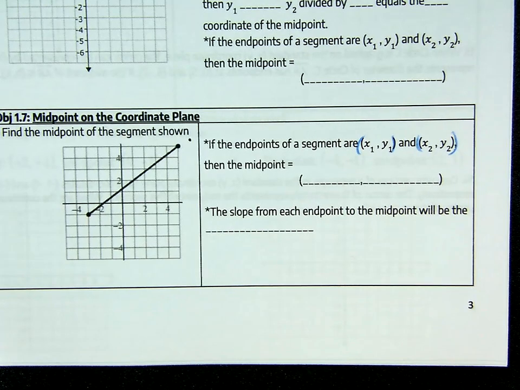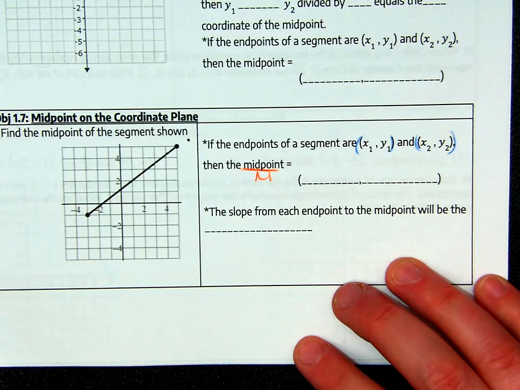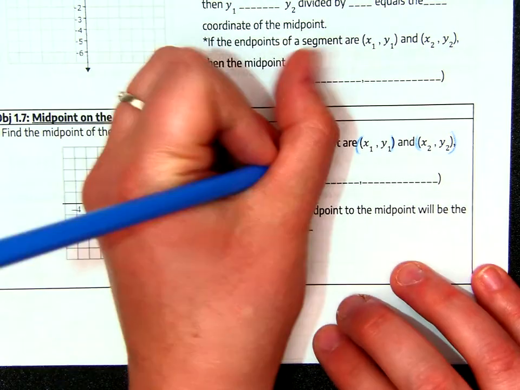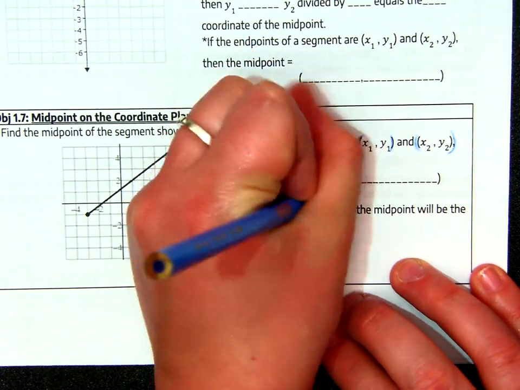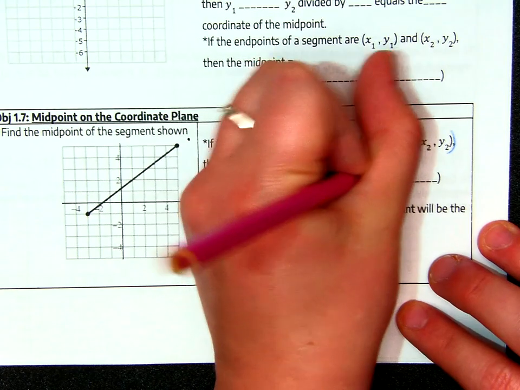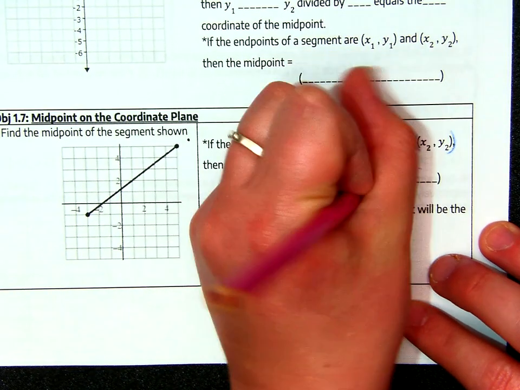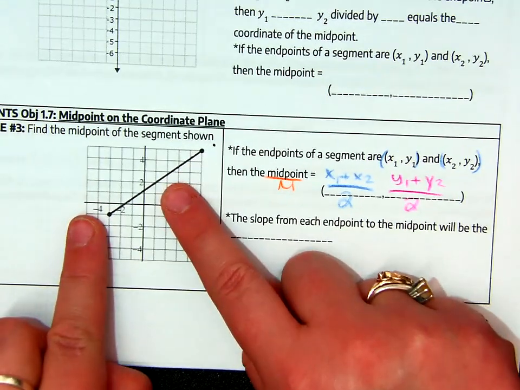Well then, the midpoint, which we call M, is going to be equal to finding the middle on the x-axis and finding the middle on the y-axis. Basically, I'm finding the average of both the x and the y, and I'll point that out. I can show that graphically over here, okay?